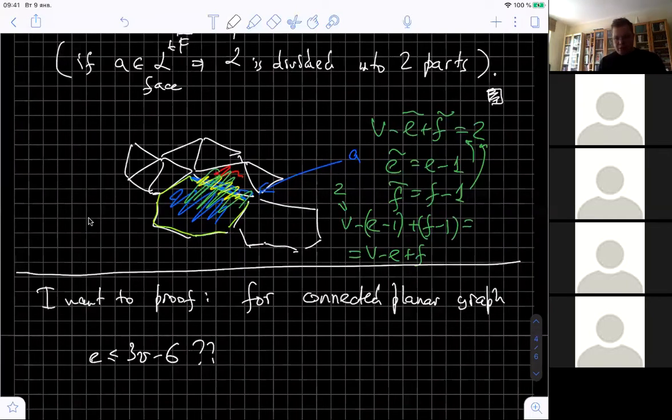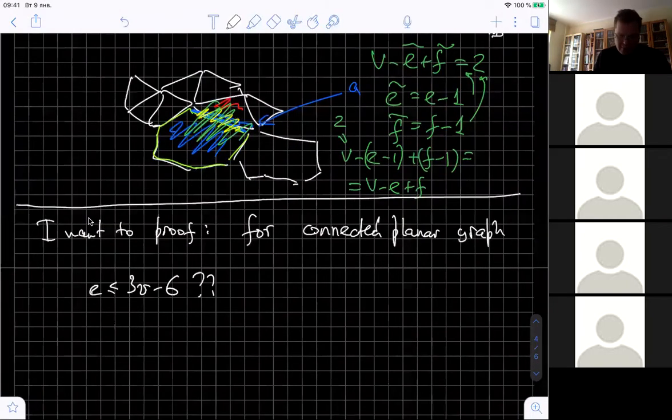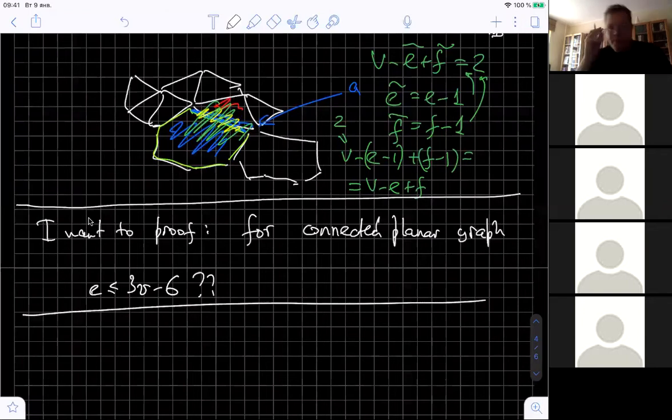But how can I do it? I can prove the inequality between edges and faces, and using the Euler formula, I can obtain the inequality between edges and vertices.